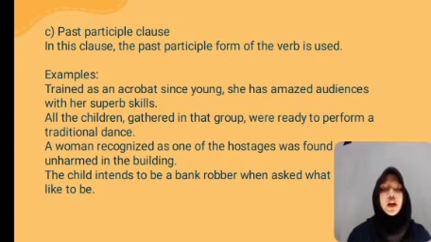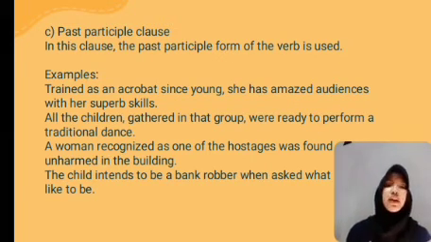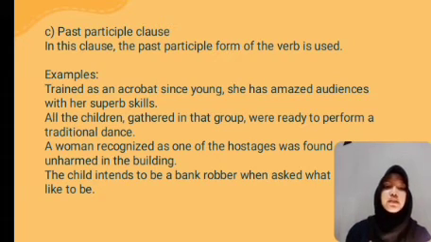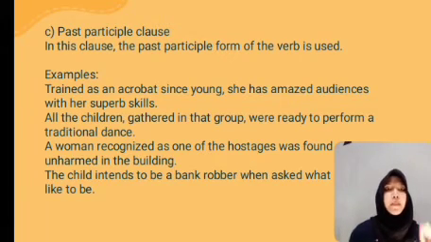Example 2: all the children gathered in that grove were ready to perform a traditional dance. So the past participle, like trained from train, and gathered from gather, changes to the past form.